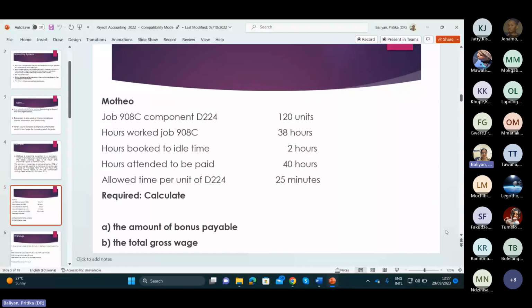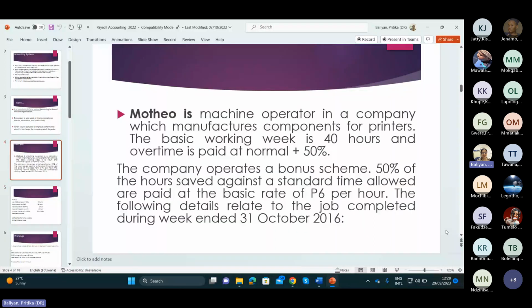So on the basis of it, we need to determine the amount of bonus payable to Mateo and also the total gross wages. Let's see the information again. Everybody read carefully, then we will solve this activity.